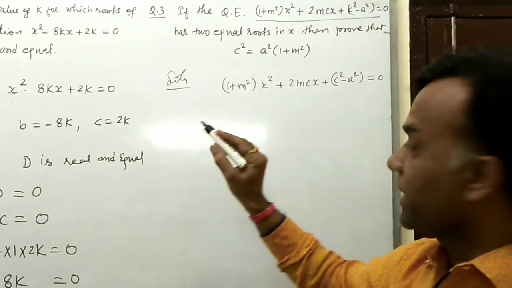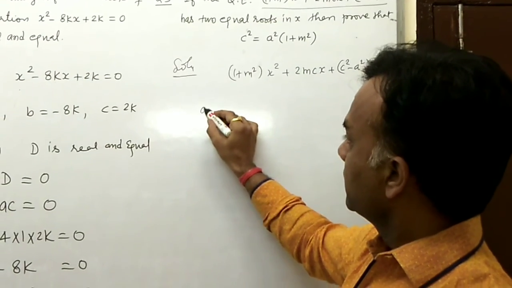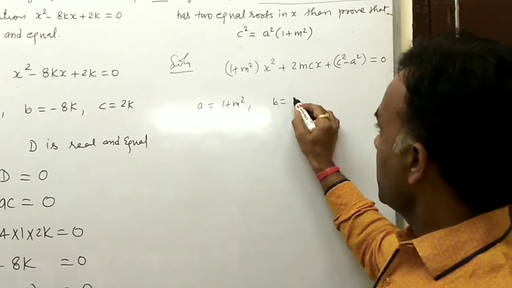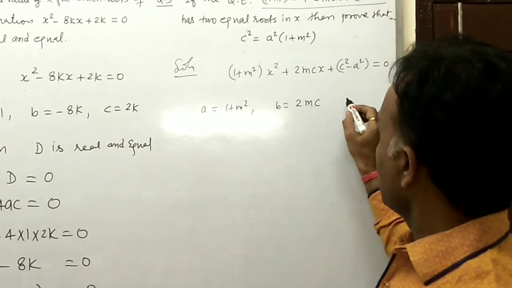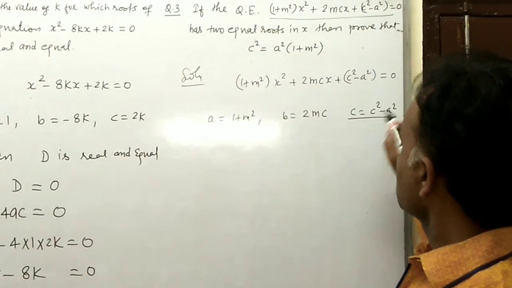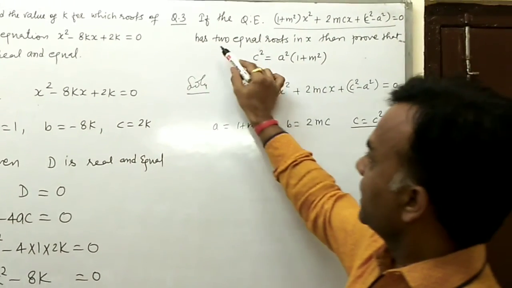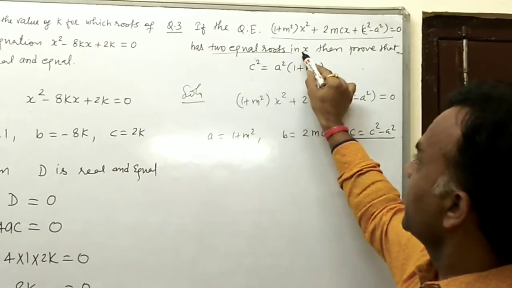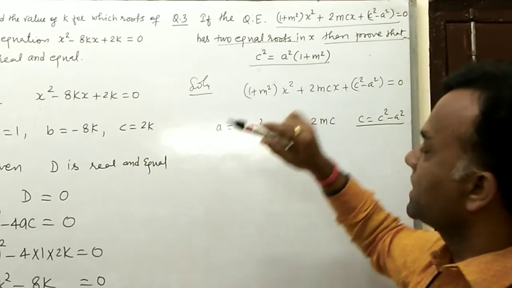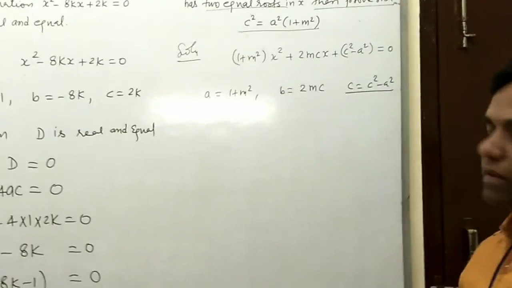Similarly, find the values of a, b, c directly here: a equal to 1 plus m square, b equal to 2mc, and c equal to c square minus a square. The given condition is two equal roots in x, then prove that c square equal to a square times (1 plus m square).